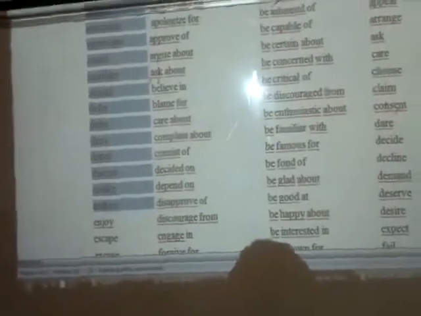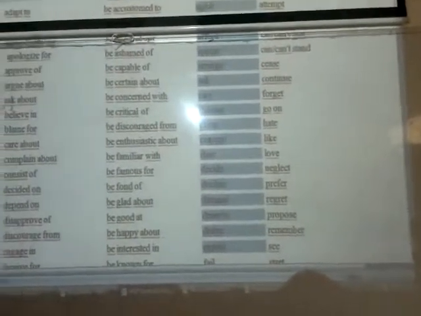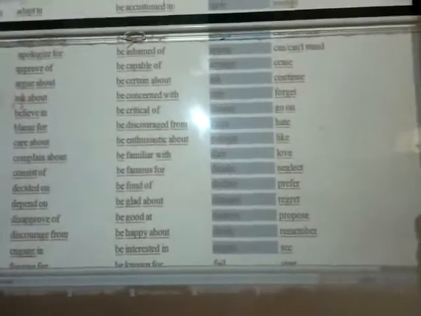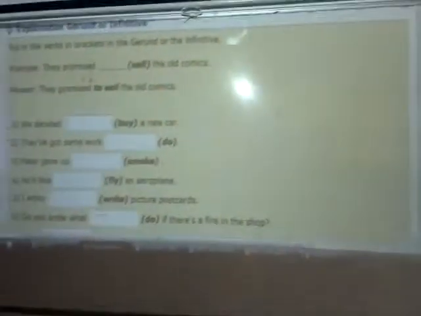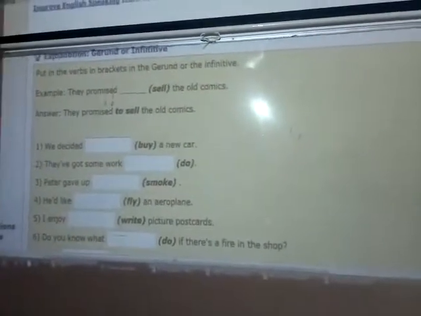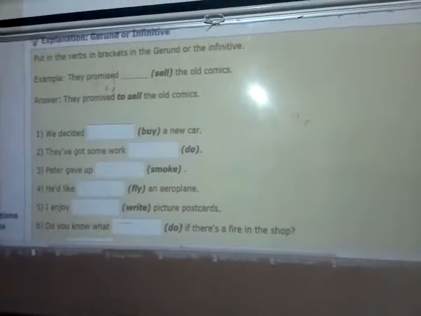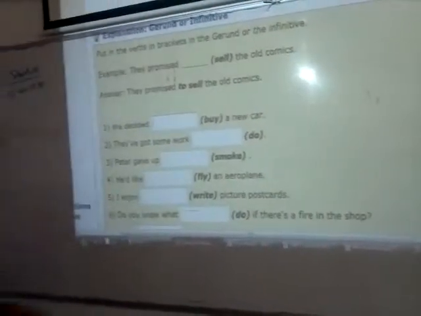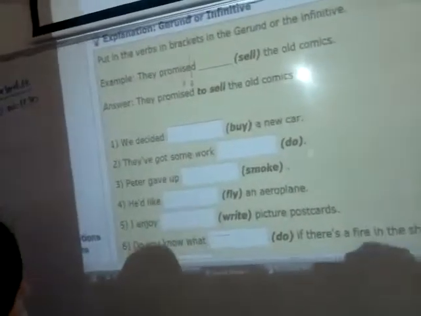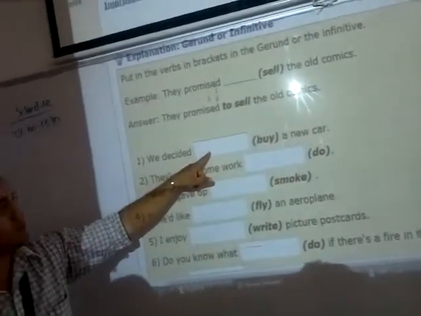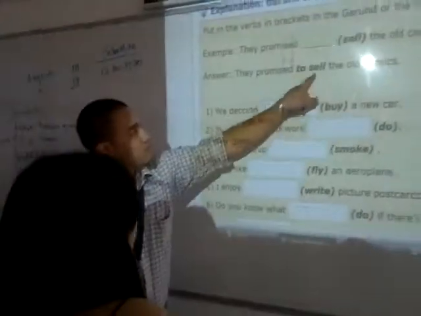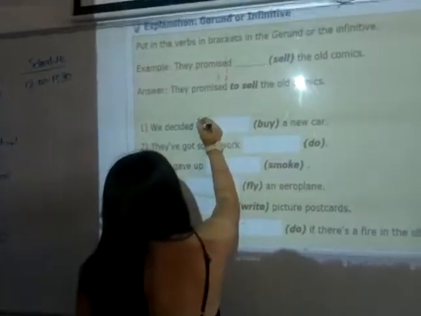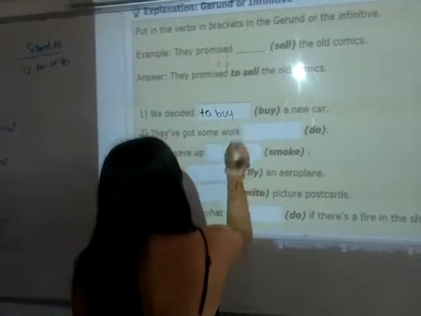No? What about here? Do you see it with infinitive? Decide. Yes, it's right there, right? So that means that decide goes with what? Infinitive or gerund? Infinitive. So you're going to write the verb in the blank space, in infinitive. We decided to buy. Okay, very good.